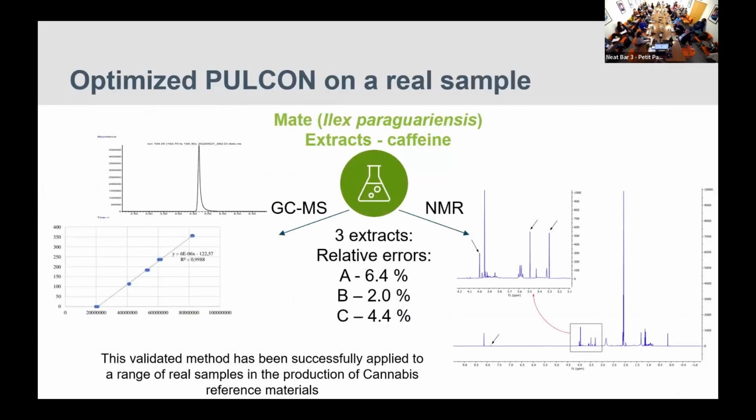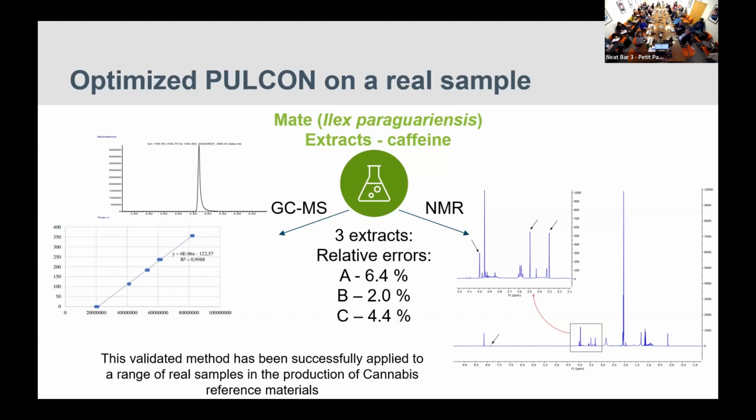If we look at how PULCON works on a real sample, we've done this comparison in mate extracts, just for a simple validation of this method. We extracted mate and then analyzed caffeine by GCMS and NMR in the exact same extract. It was all done in deuterated solvent, and then we analyzed it by GCMS and by NMR.